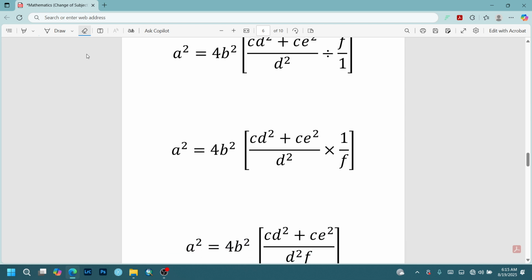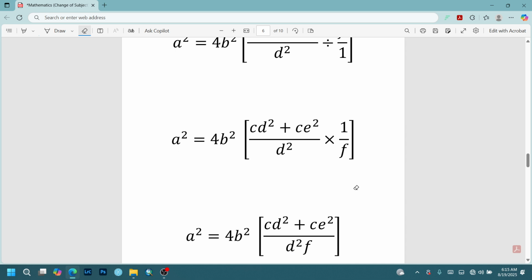Let's proceed further. Now we do our multiplication. When you are doing multiplication with fractions, the numerators multiply the numerators and the denominators multiply the denominators.